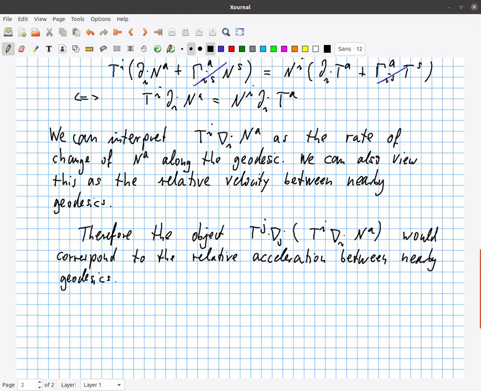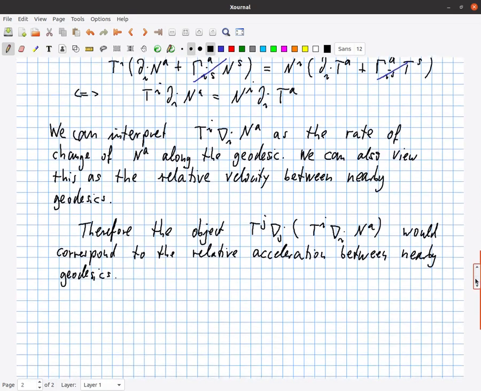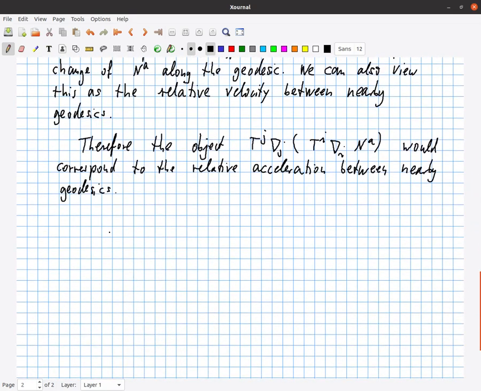Let us see what we can say about this object and how we can write it differently. T^j ∇_j T^i ∇_i n^a is the same as T^j ∇_j n^i ∇_i T^a.